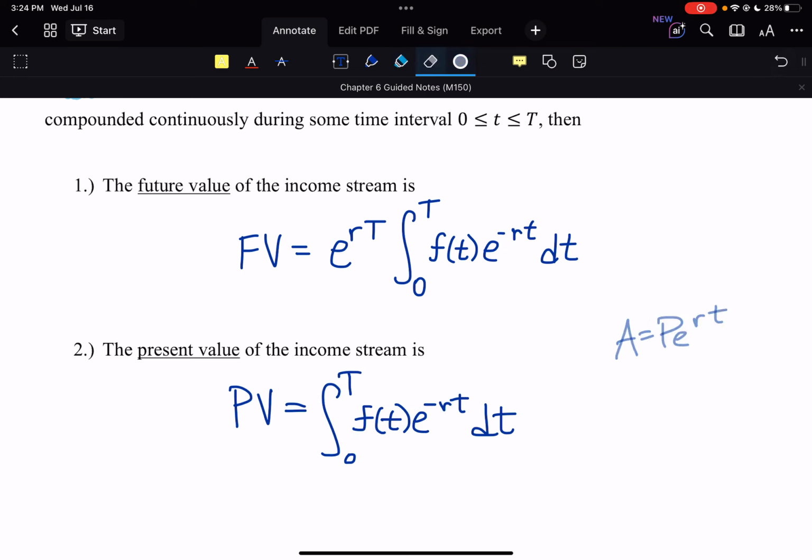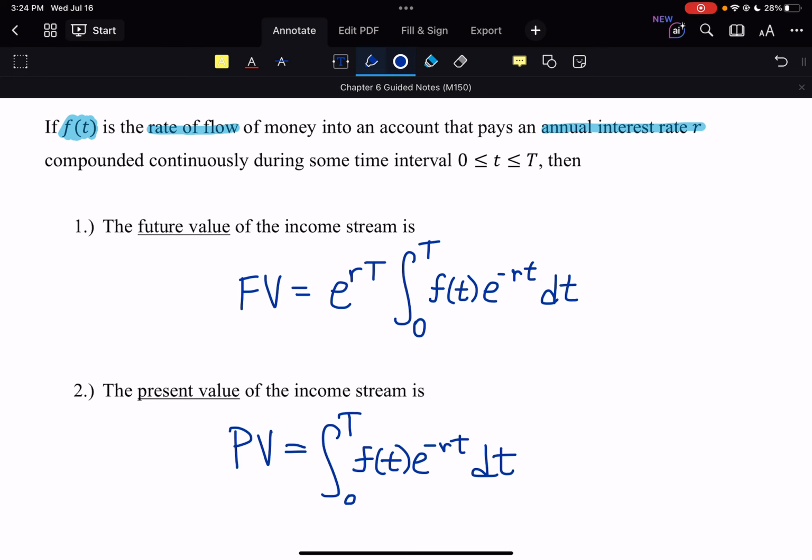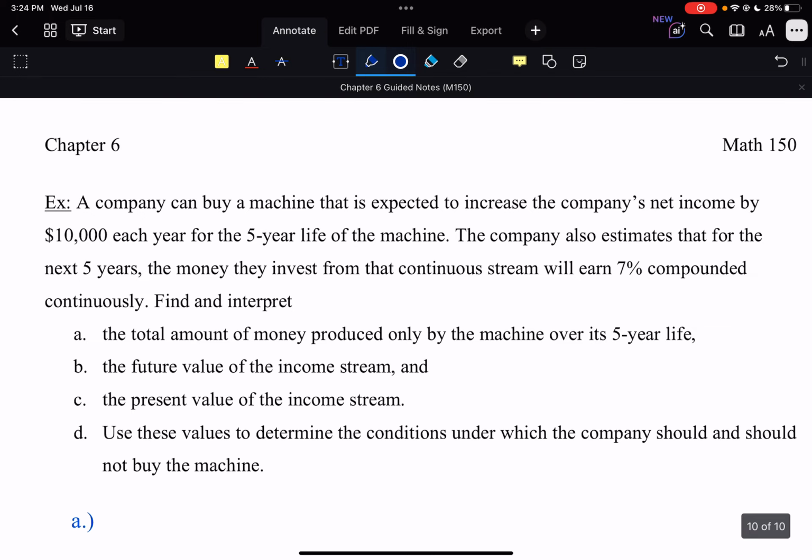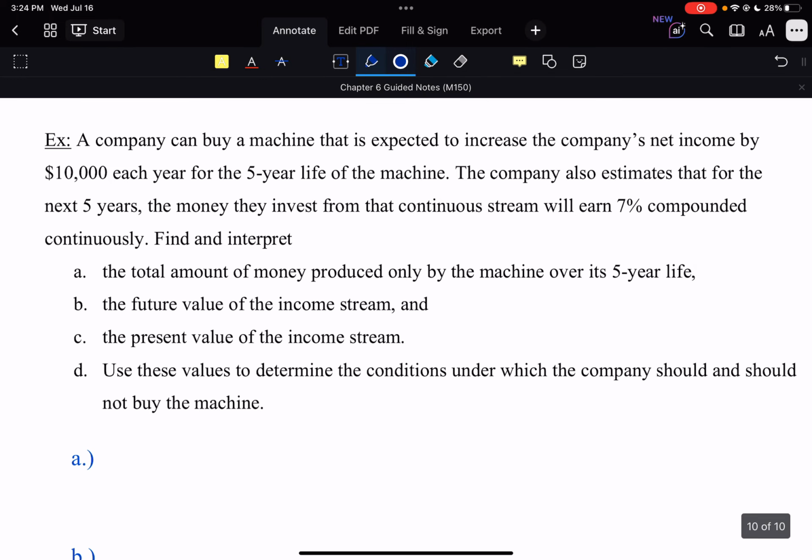So we're still working with the same types of formulas, but obviously the integrals give us a little bit more power in what we can calculate, and now we're incorporating functions and formulas, not just single numbers. So let's try an example so we can see how this works.